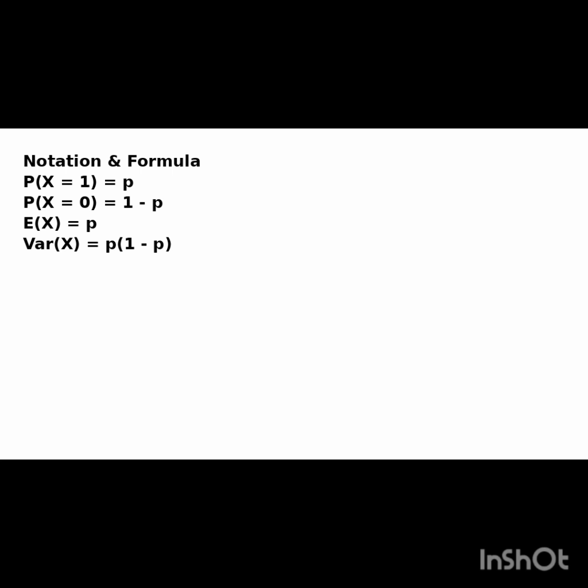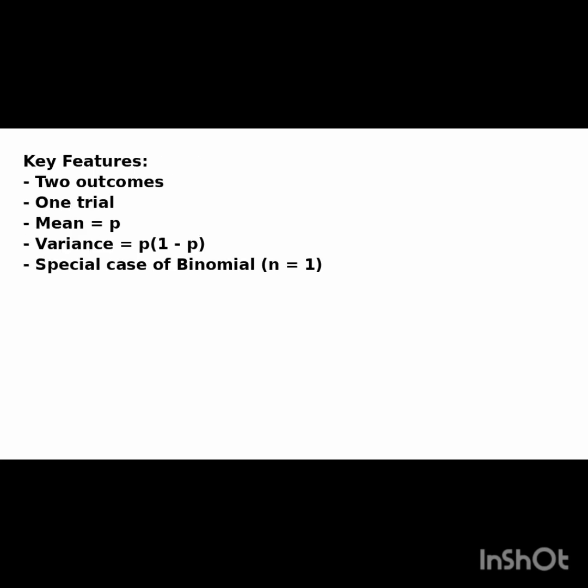Notation and formula: probability x equal to 1 is P, probability x equal to 0 is 1 minus P. The mean is the value of P and variance is P times 1 minus P. So students, these are the main formulas used in the Bernoulli distribution.